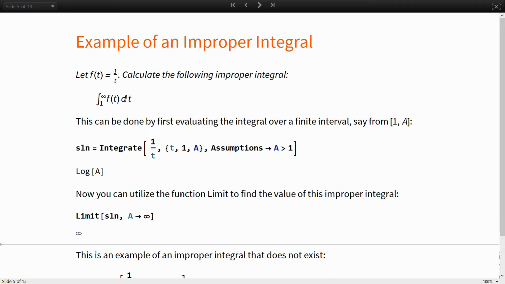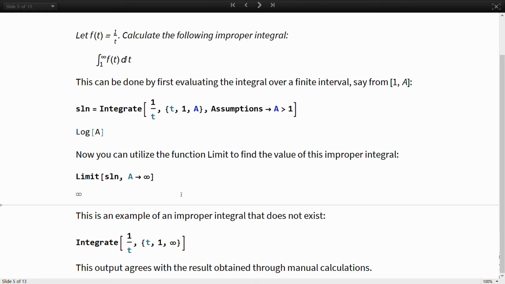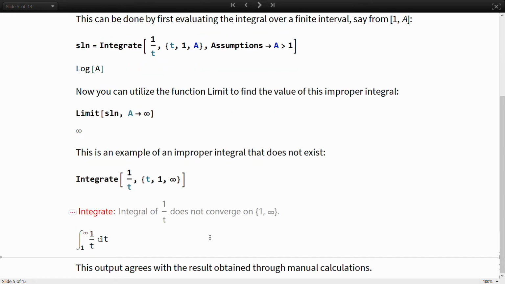We can see here that the limit is infinity, so this is an example of an improper integral that does not exist. If you were to try to calculate this integral using Integrate, you'll get a warning message indicating that the integral does not converge for this very reason. Thus, the output from Integrate and the result of an explicit calculation of the improper integral agree.